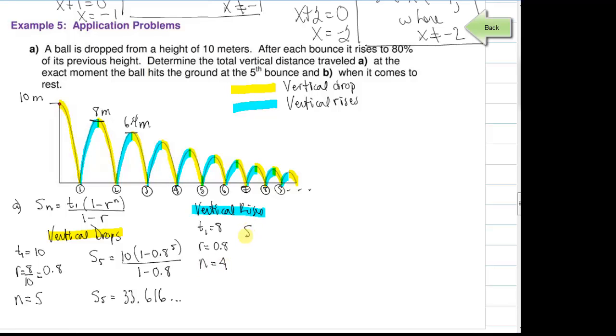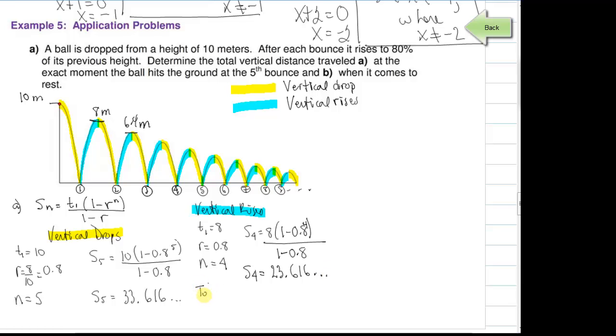So we're looking for S4. And that's equal to 8 times 1 minus 0.8 to the fourth over 1 minus 0.8. And when you do the math for that, you will get 23.616.